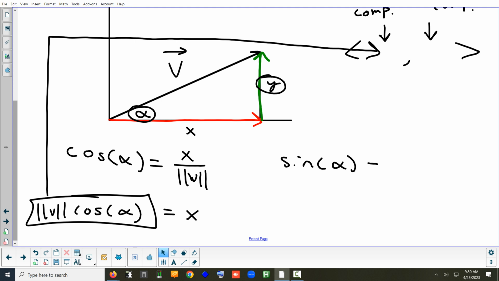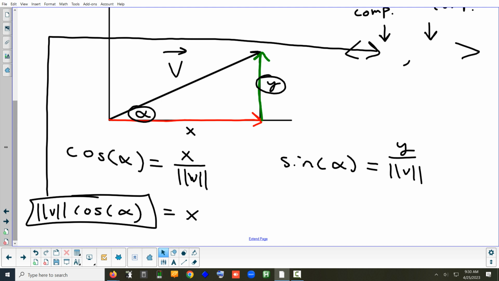Sine of my angle equals opposite over hypotenuse. We get a little lazy when we say that, but what I really mean to say is the length of the opposite over the length of the hypotenuse. So what goes in the bottom? The magnitude of V. Yep, magnitude of V.